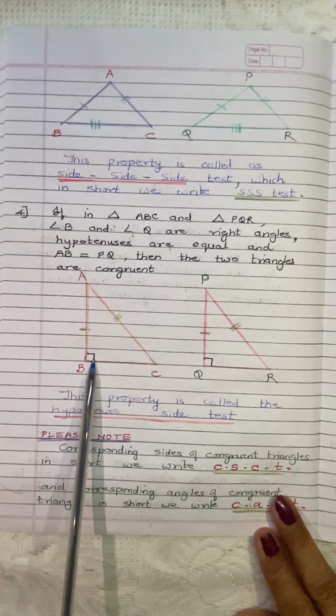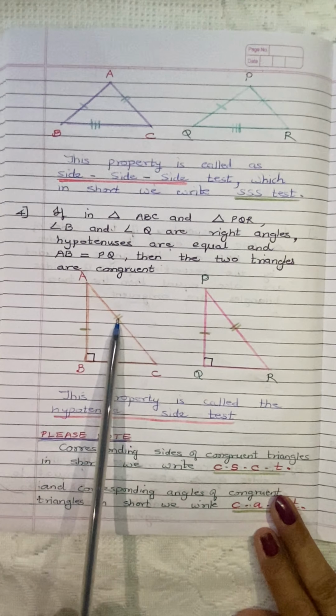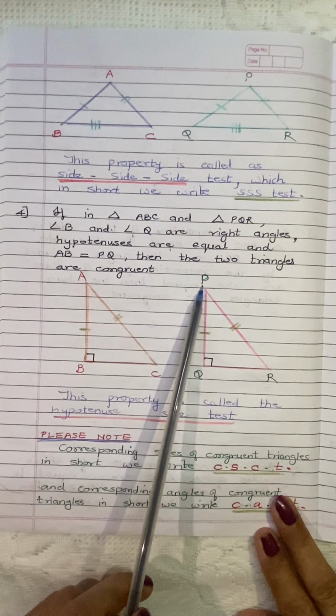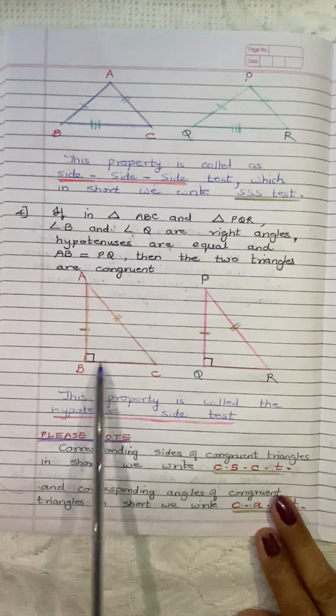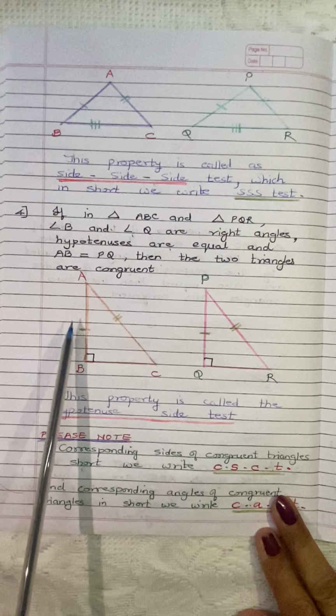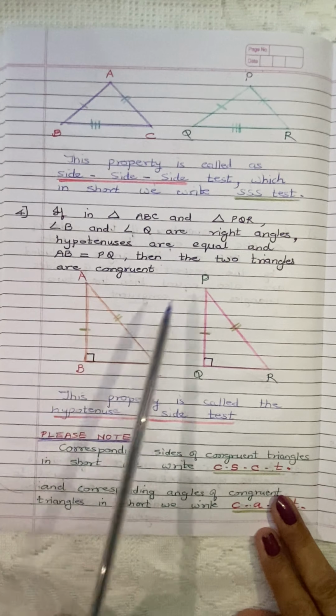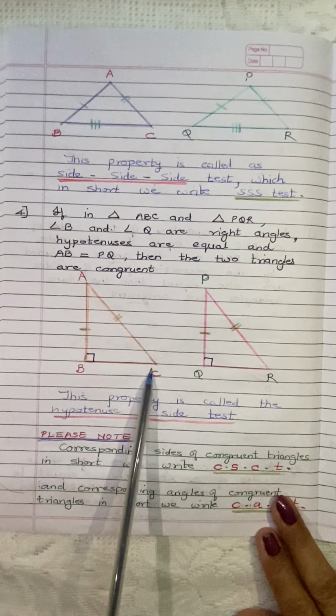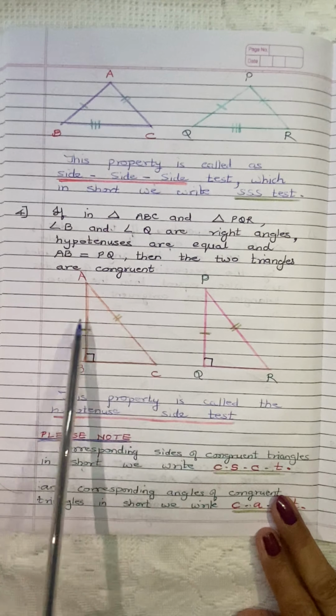So in right angled triangles, if the hypotenuses are equal, both the triangles are right angled and the hypotenuse is equal, then any one other side, either AB is equal to PQ or BC is equal to QR, then the two triangles are congruent.